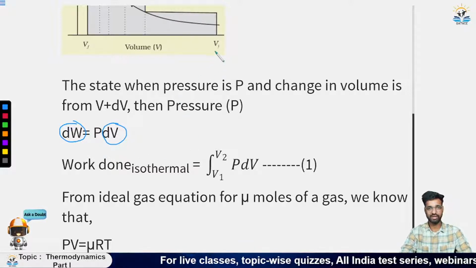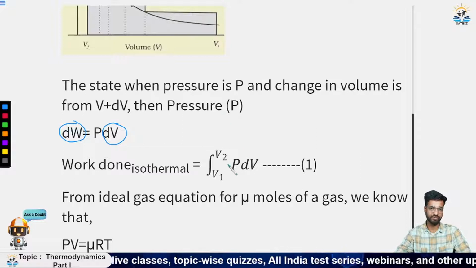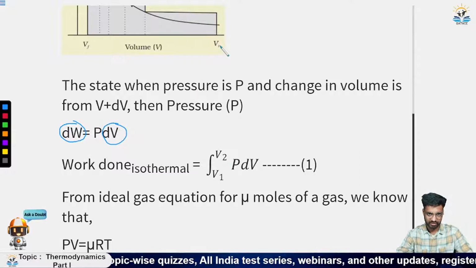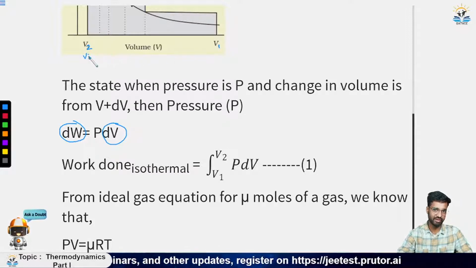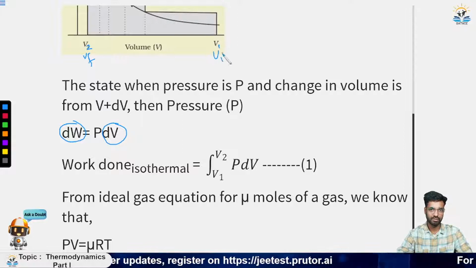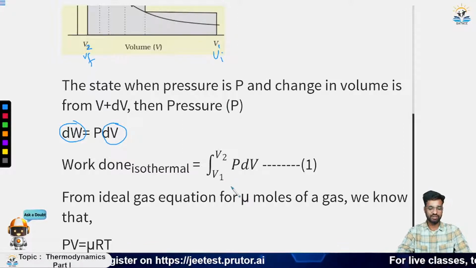Now since we are calculating it from initial to final, we integrate it from V1 to V2, or you can say V initial and V final. There is no problem in it.